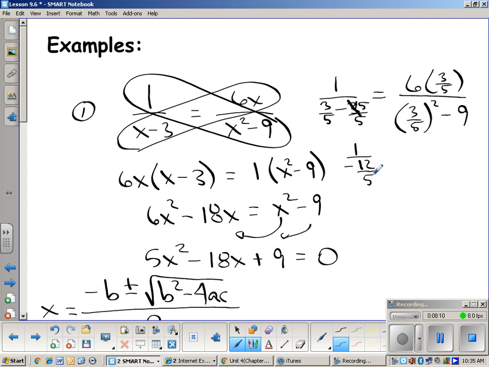It's kind of hard to realize this sometimes, but when you have 1 over, well, let me ask it this way. If I have 1 over 6, what is that compared to 6? 1 over 6 is the what compared to the 6? 1 out of 6. There's 1 part of 6.